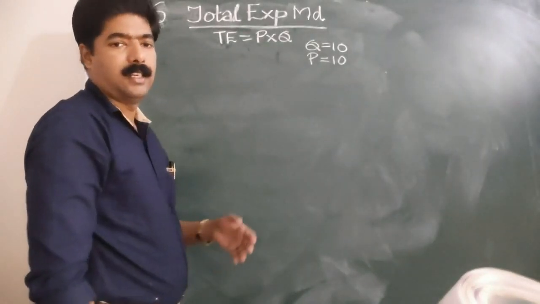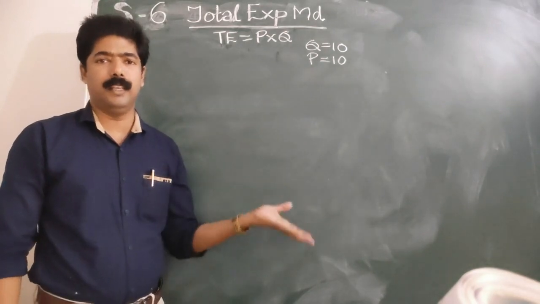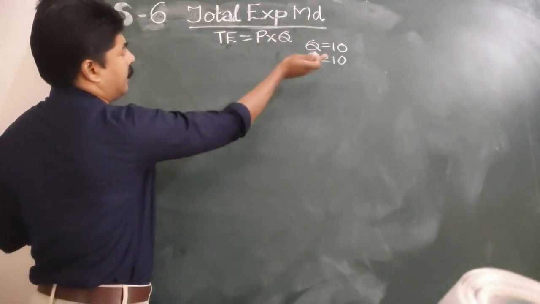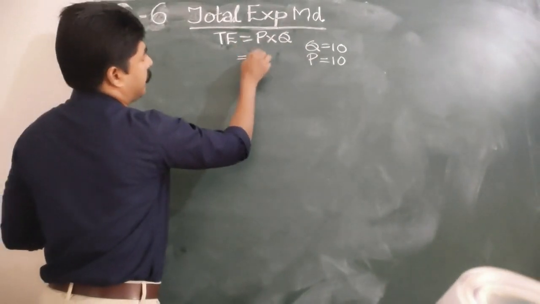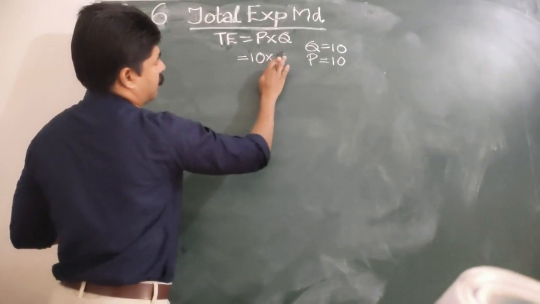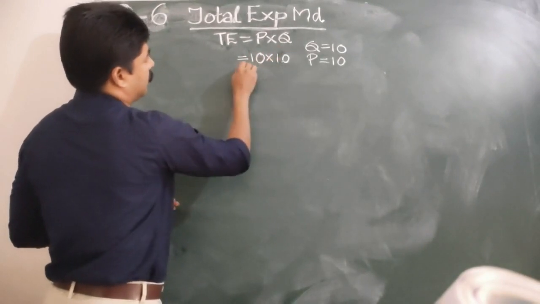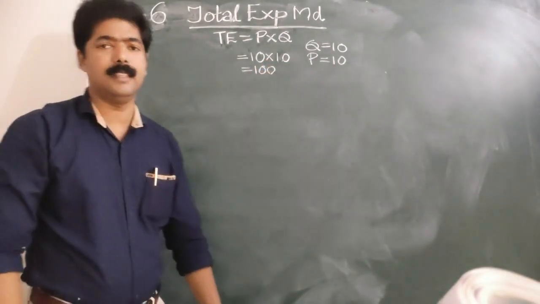What will be the total expenditure of that consumer? We directly apply the values into the formula: P is 10 rupees into quantity purchased 10. So the total expenditure for that commodity by a single consumer is 100.